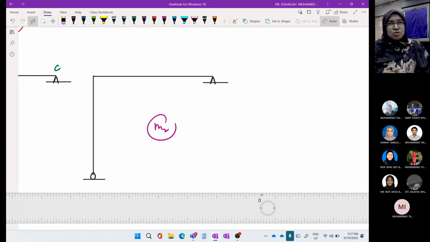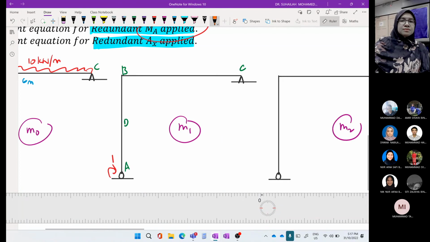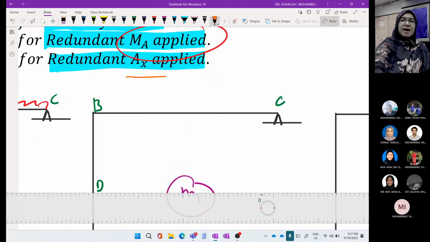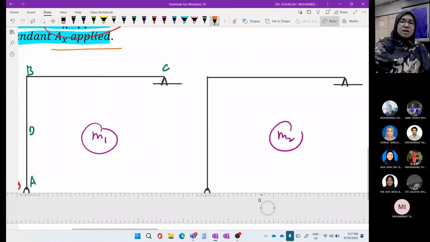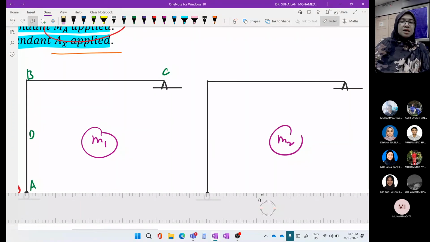This is M2 for redundant number 2. What is redundant number 2? AX applied. It means that we have to apply a unit value.